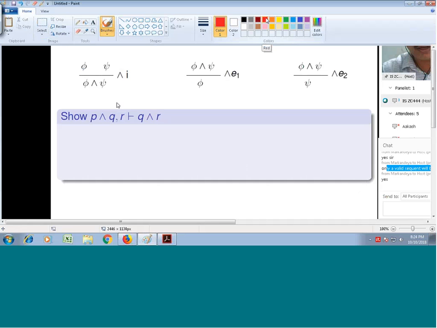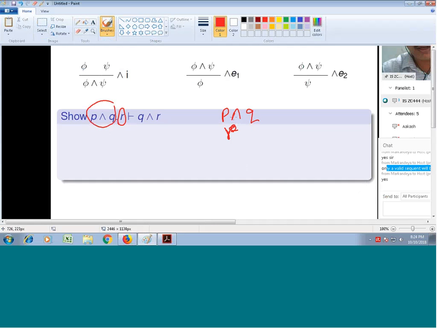Okay. So what is given? Two sequences are given to me. P and Q. What else is given? Small r. R is given to me. Sir, is this a derivation?